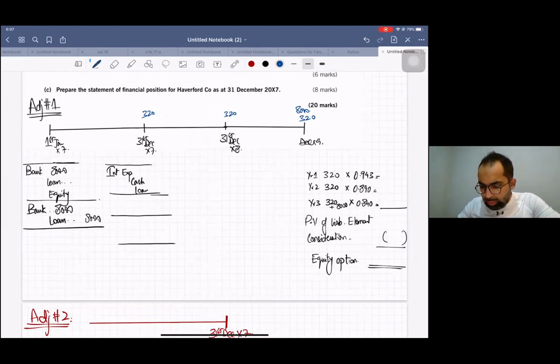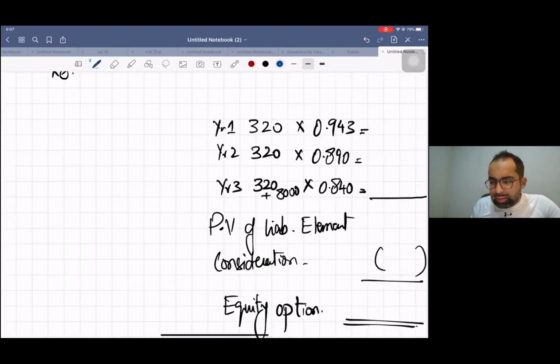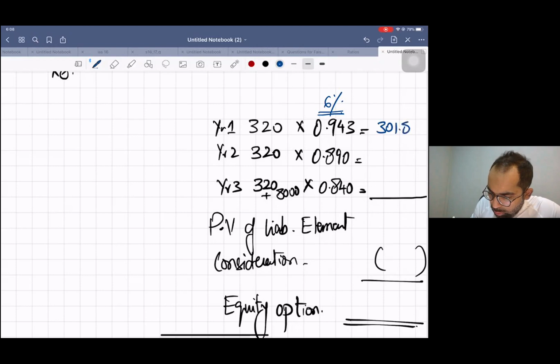Here everything is ready-made. You have to help me out: 320 times the 6% discount factors I have already written. Let's do it. 320 times 0.943 is 301.7. Then you have 320 times 0.890.